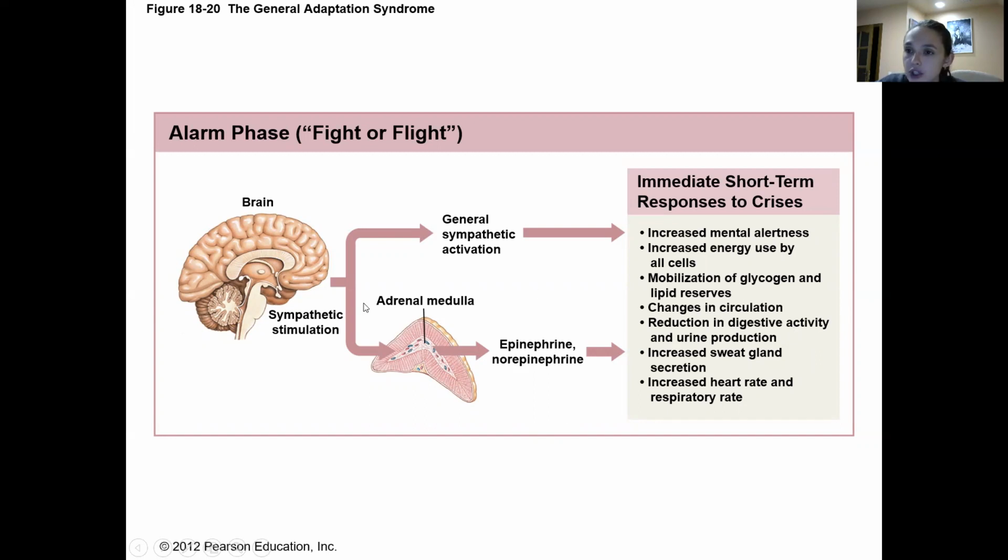The sympathetic division also affects the adrenal medulla, which releases epinephrine and norepinephrine, and generally they have the same effects as we described previously. It also causes increased heart rate, increased respiratory rate, and increased sweat gland secretion.